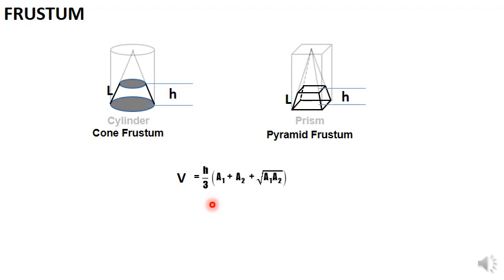Now, to compute the lateral area of the solids, take note, class, that this is a special solid. It must be in upright position. We restrict it to that condition. So for the lateral area, we multiply the perimeter of the base plus the perimeter of the upper base, by the slant height of the solid times half.